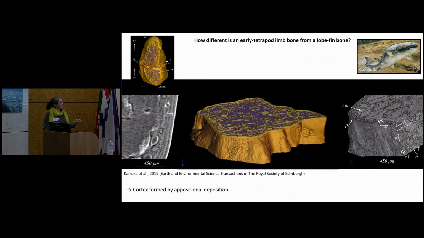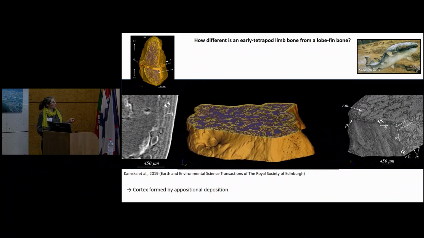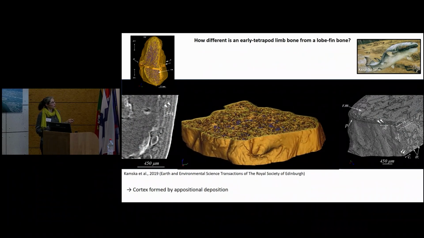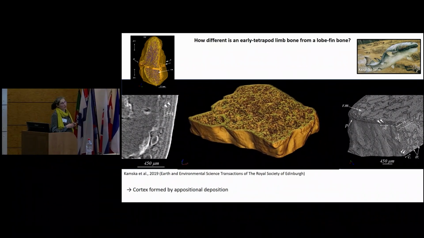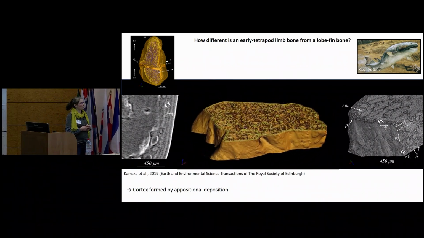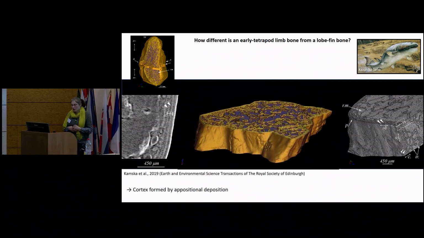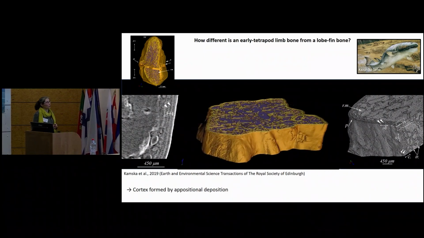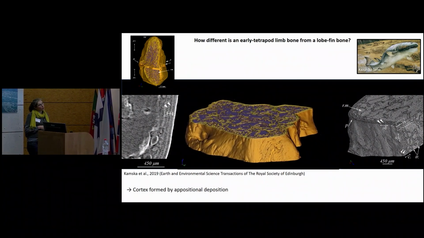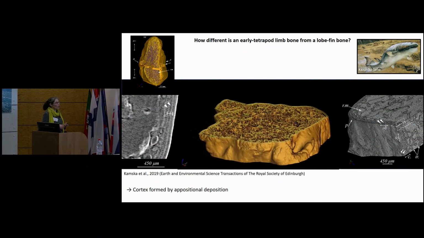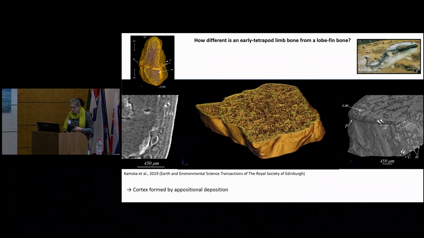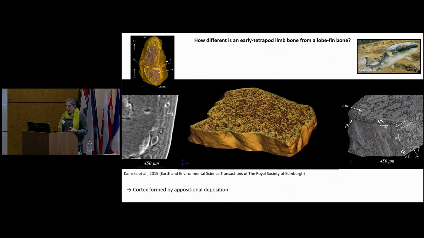And now if you investigate here the cortical bone, you will see that you have also some lines of rested growth, some rings like in Acanthostega and like in any of the tetrapods today. So the organization of the fin bones of the lobefin fish is exactly the same: a thin cortex and a spongy bone, the same organization as in Acanthostega.